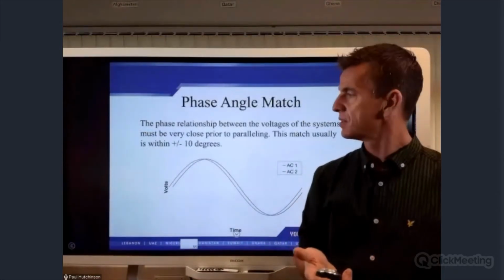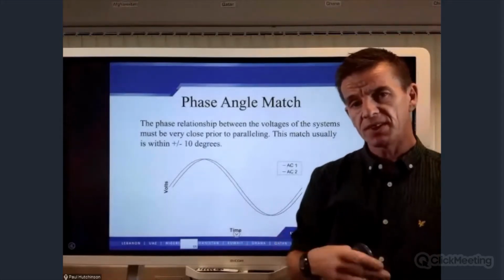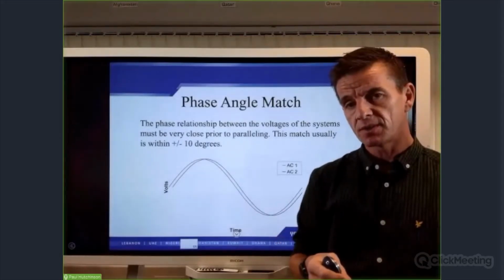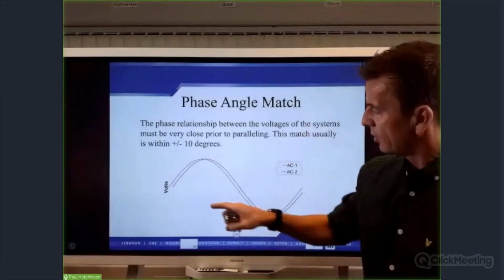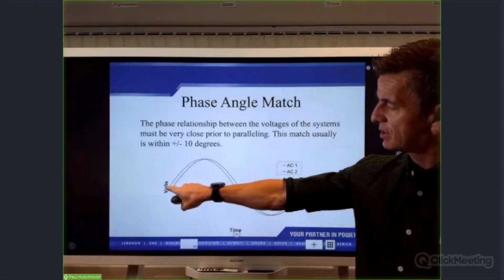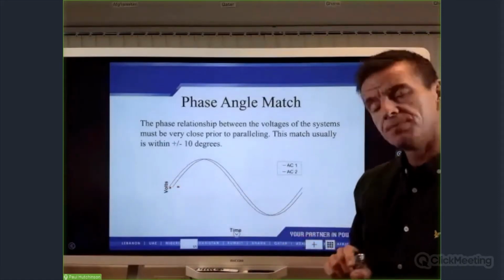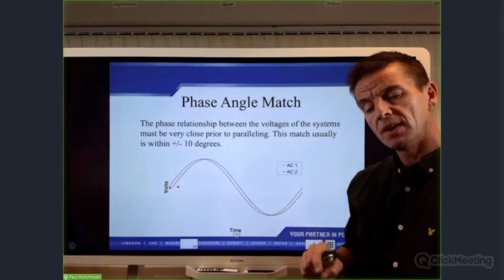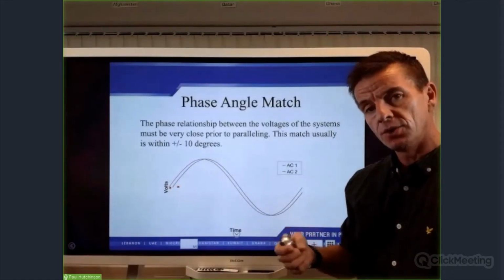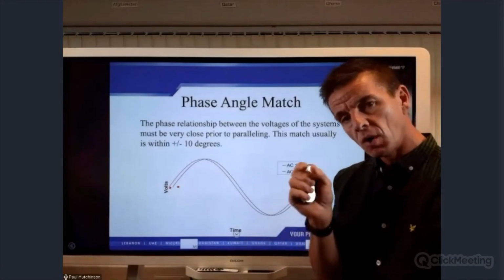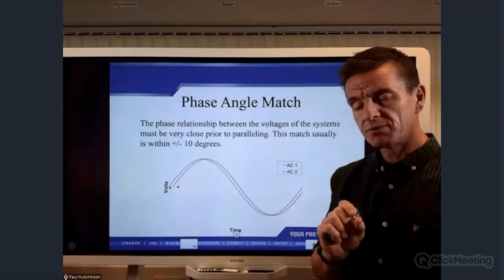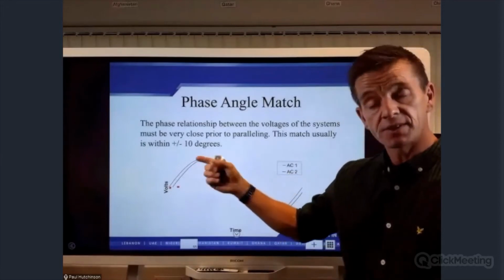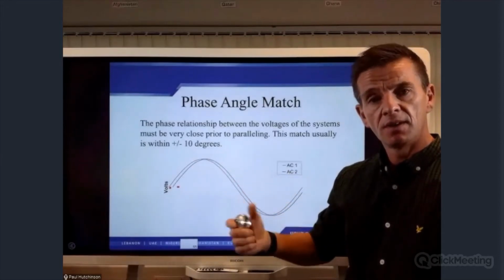Phase angle match. Remember, we talked about the phase angles of the voltages, to ensure they're all starting and all in alignment. So here we see our AC1 and our AC2. It is important for those both to match, or to be within the same amount of percentage or degrees, as we talk about in this case, of each other.